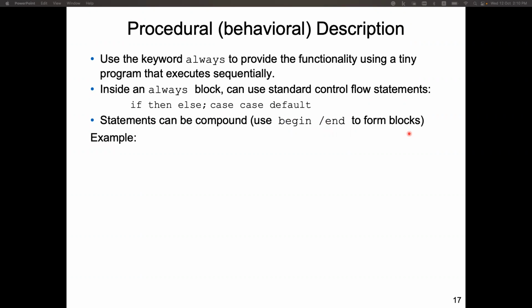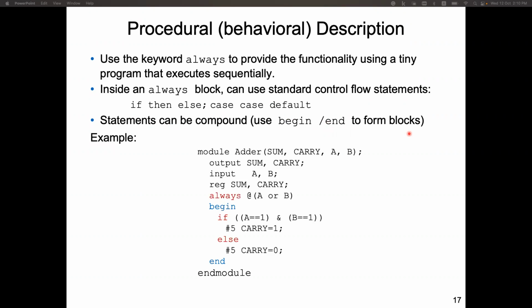Now here is an example for the adder, same function. So I define a module adder with 4 ports: sum, carrier, A and B. A and B are inputs; sum and carrier are outputs.